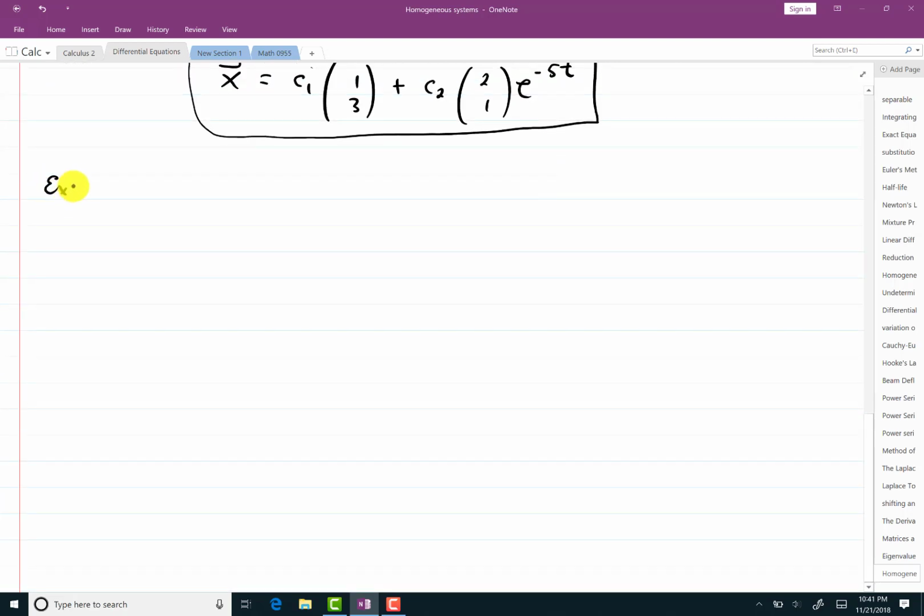For my next example, let me do a 3 by 3 system. So mine is 2, negative 7, 0, 5, 10, 4, 0, 5, 2.